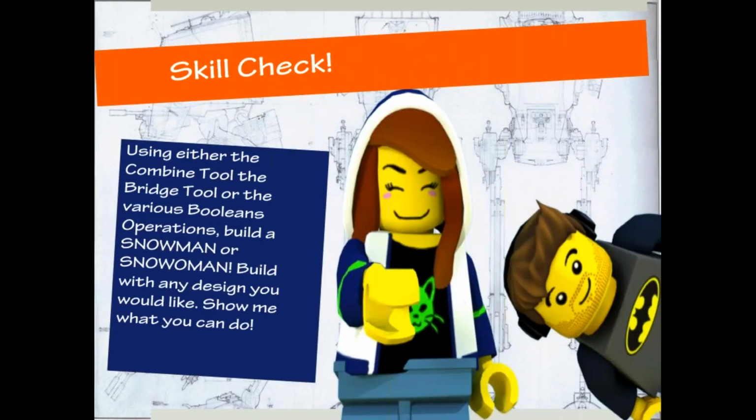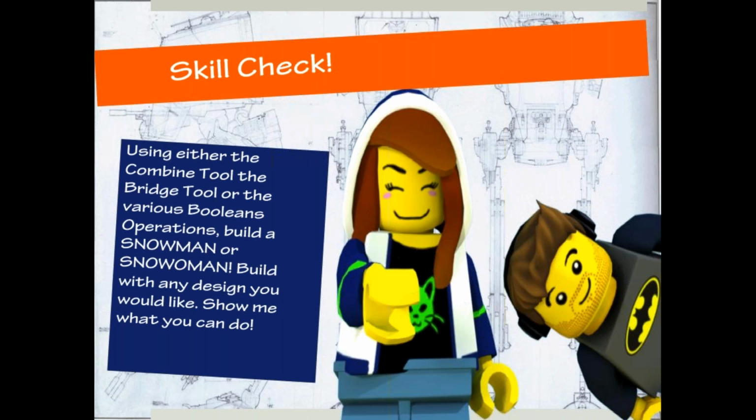For our next skill check, please use either the combine tool, the bridge tool, or Boolean operations of your choice, and create a snowman or snow woman. Wide open, anything you want. Anything goes as long as it's appropriate. Make a snowman or snow woman. Nothing that would get me fired. But you have to use those tools.